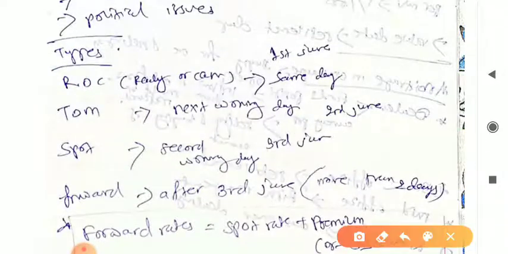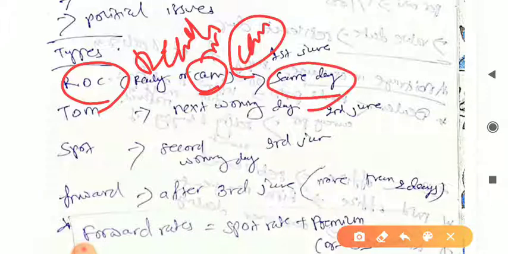In the next one we can see the types. What are the types? The first one is ROC, ready or cash. ROC means ready or cash, which is processed on the same day.